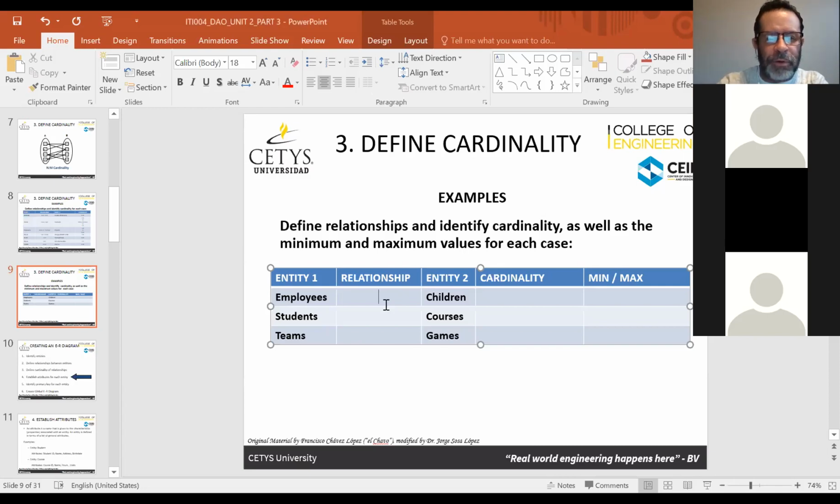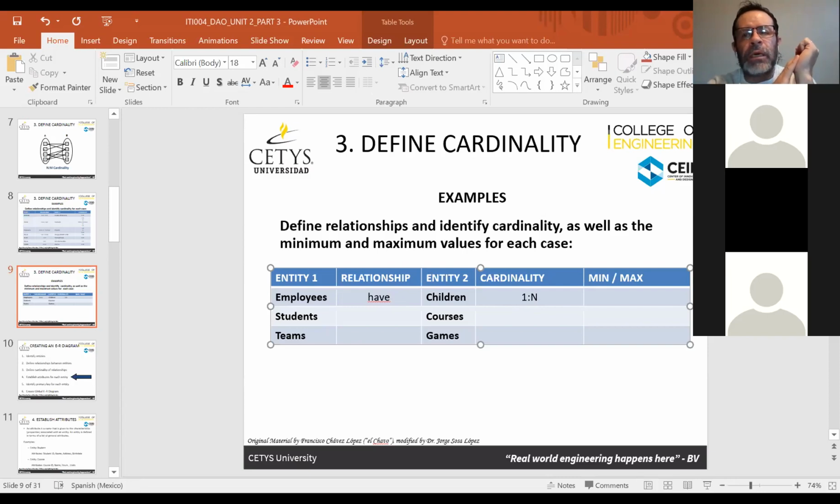So let's say employees have children. What would be the cardinality there, do you think? Anybody? One to many, yeah. And it would make sense, the one to many, because as an employee, I can have many children. And by the way, we are looking at each employee individually.